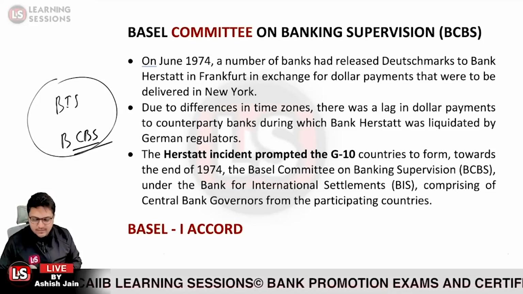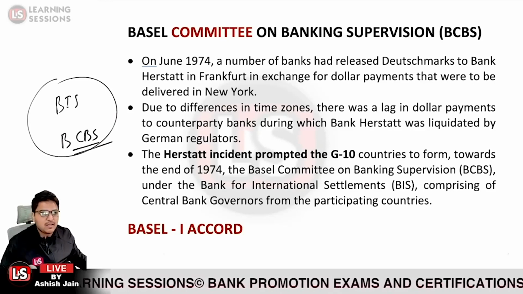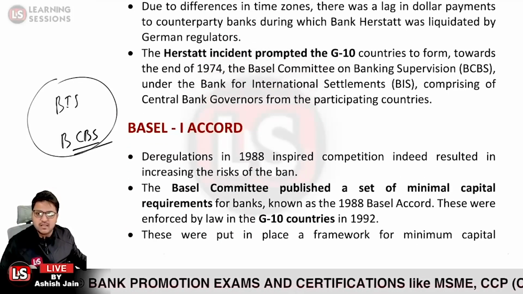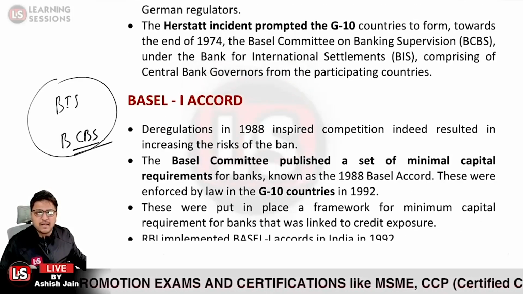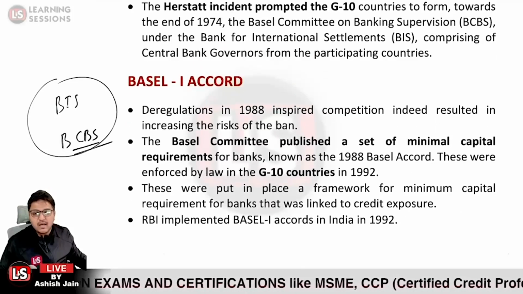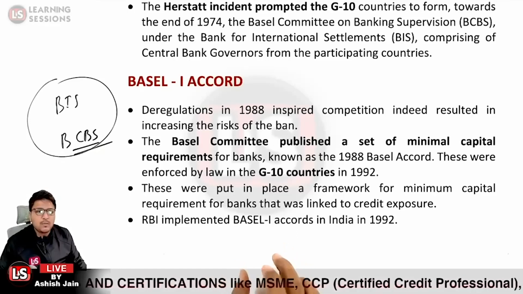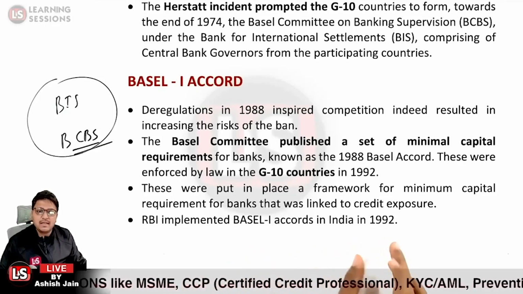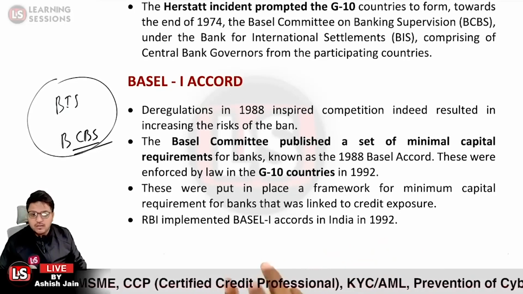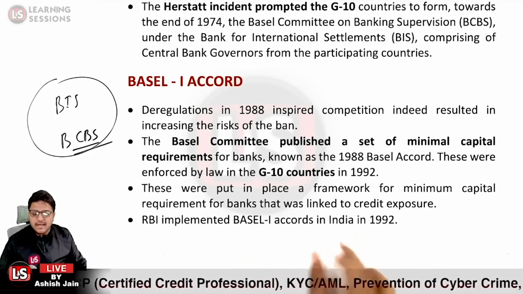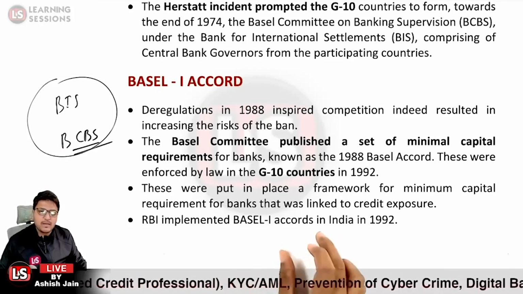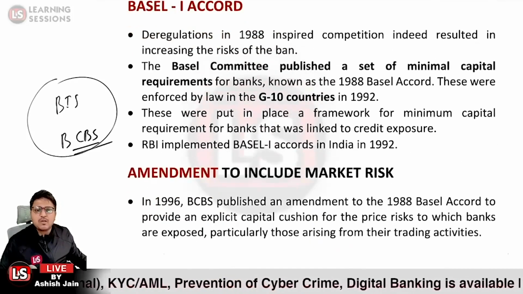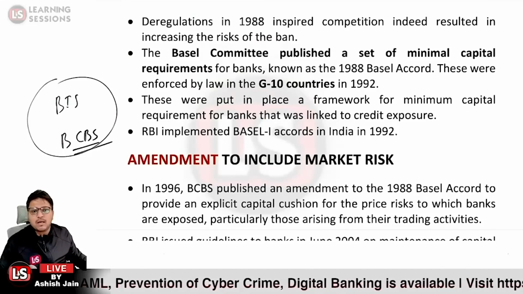So the Basel I Accord basically was covering before only the credit risk, and the market risk was further added to it in 1996. RBI implemented, you need to memorize these things, Basel I Accords in India in 1992. Further the amendment was there so as to include the market risk.